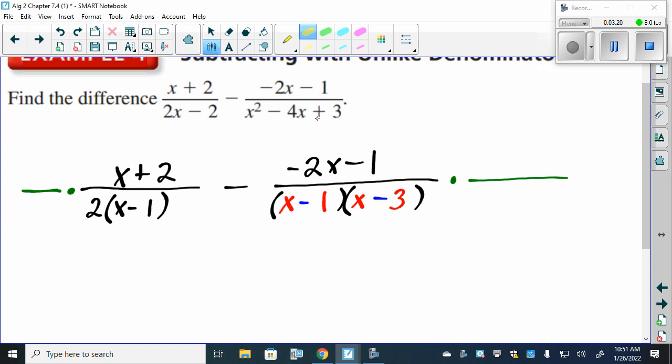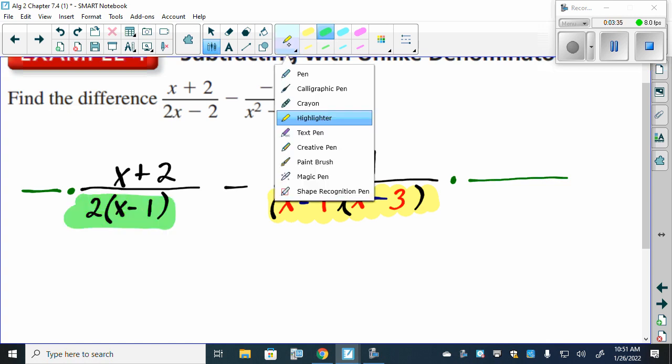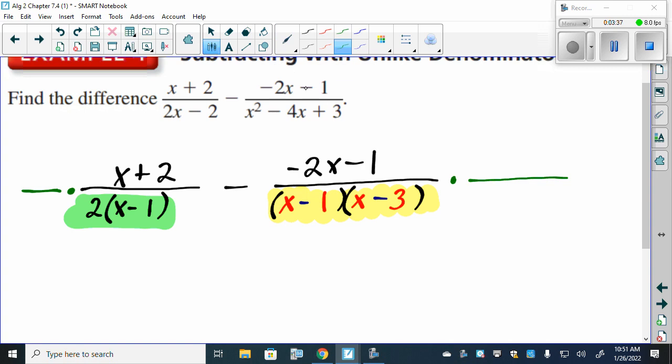Now what we want to see first, what does x minus 1 times x minus 3 have that 2 times x minus 1 does not? X minus 3. So we can see that the 2 times x minus 1 does not have an x minus 3, because the other one does, yes?